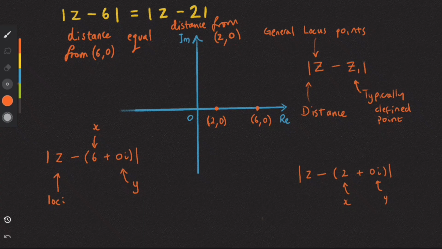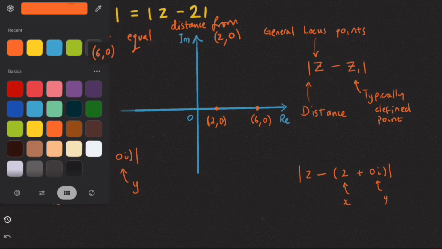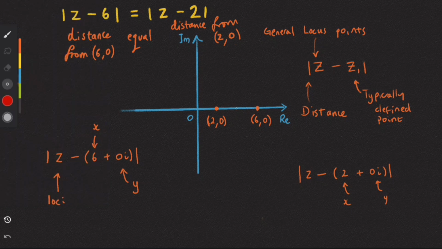It's the perpendicular bisector. Time to celebrate with a new color, red, crimson. The very center of 2, 6 is 4, 0. And so if we think about the perpendicular bisector, as you can see, there's a point there which is equidistant, there's a point there which is equidistant. This line represents the points which are exactly equal to both dots.